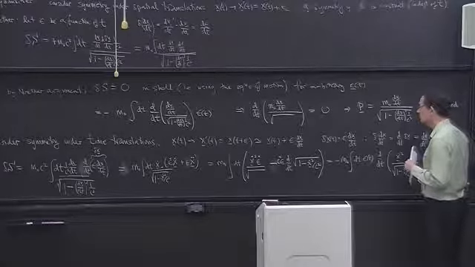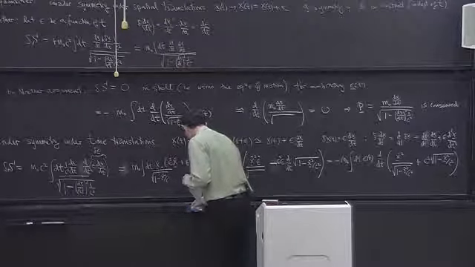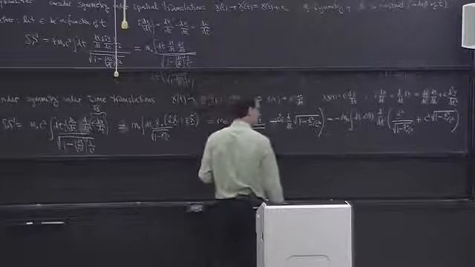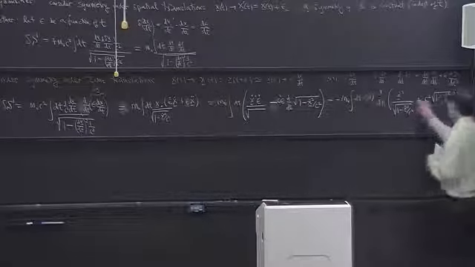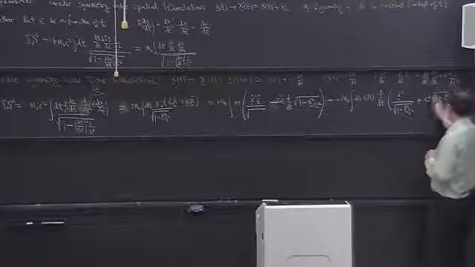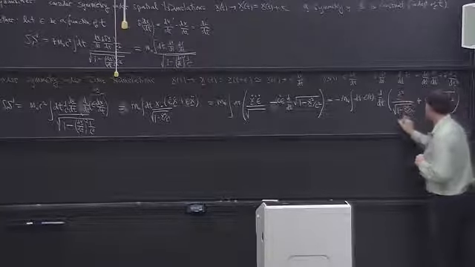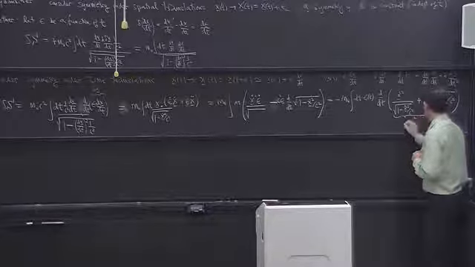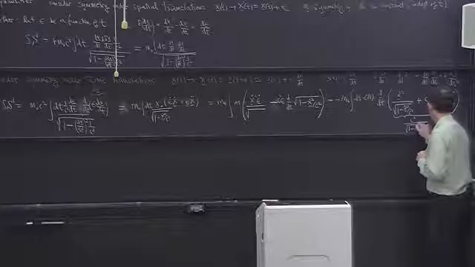But what is that? Move it up so you can see it. That is which board? The rear board. We can combine these terms. Just multiply the square root. This square root times that square root is 1 minus x dot squared over c squared. So the minus x dot squared cancels. So this whole thing is just c squared over root 1 minus x dot squared over c squared.